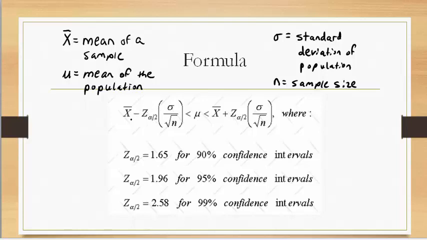That is actually probably, as we get started, the easiest part of this formula because that is a fixed value, and you can see that down here. It says that Z alpha over 2 is sometimes 1.65, it's sometimes 1.96, and it's sometimes 2.58. And the one that you use will depend on the level of confidence that we're using. And we'll talk more about that when we get to an example.